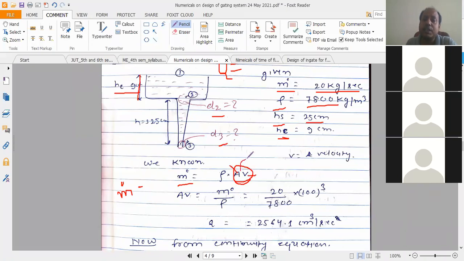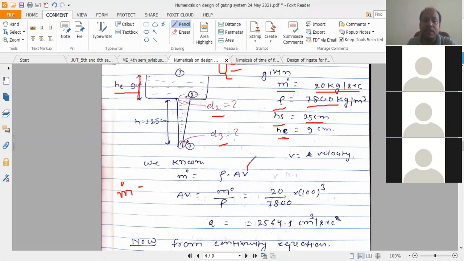This is the continuity equation, or the volume entering at the top of the gate, the top of the entry point of the screw.